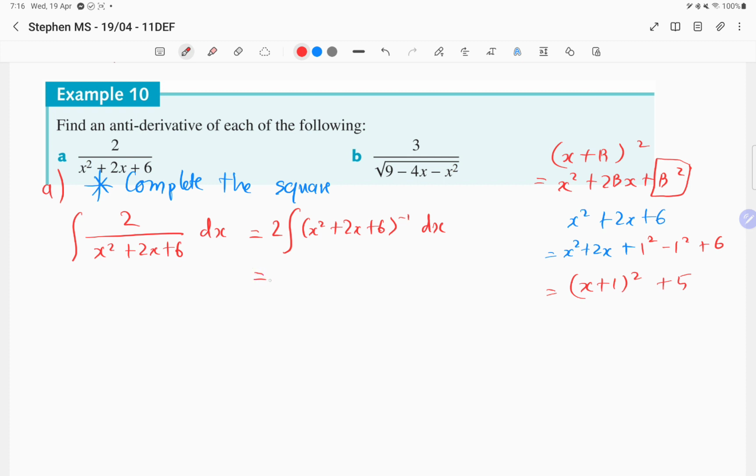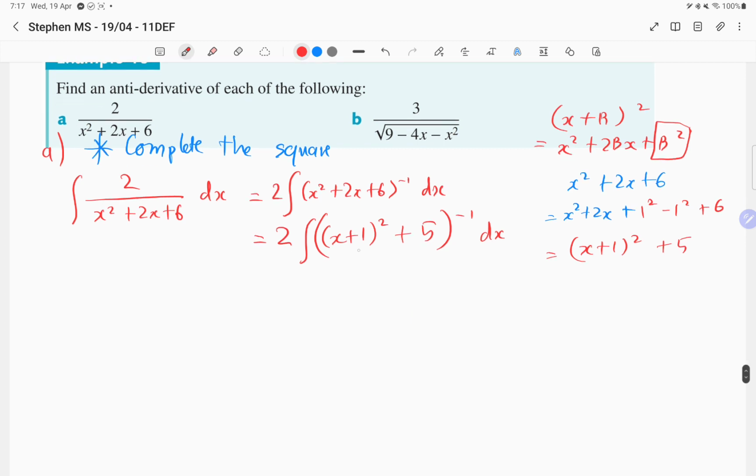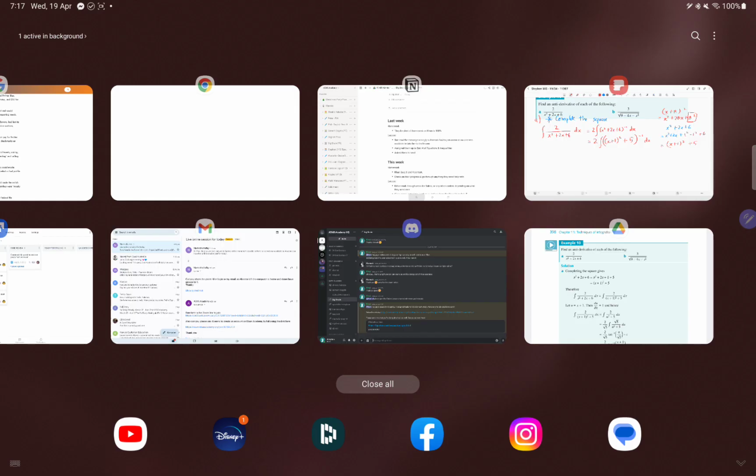Now this one turns into 2 antiderive of x plus 1, everything squared, plus 5, everything to the power minus 1 dx. Make sense so far? Looking at this, I think this one turns into tangent.